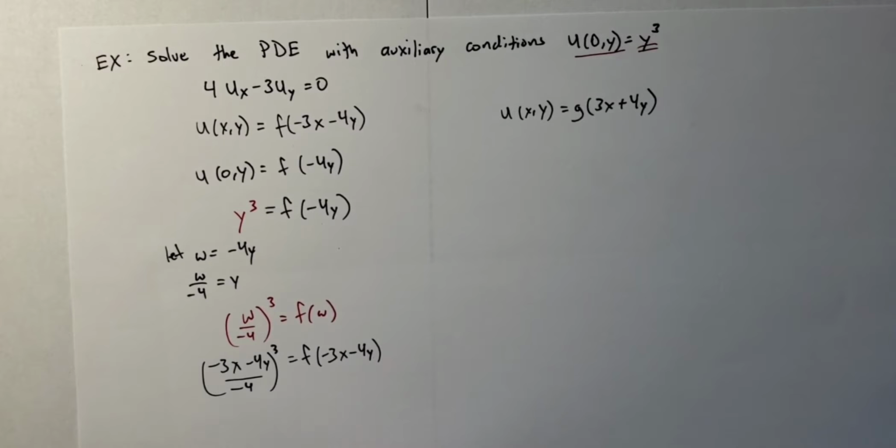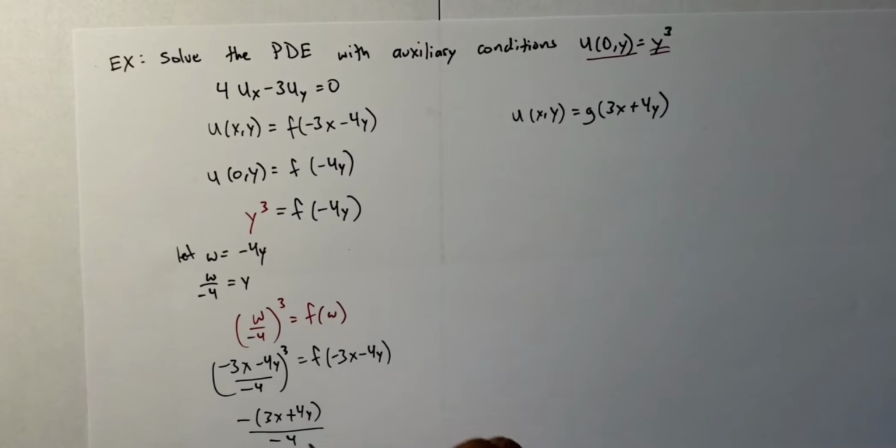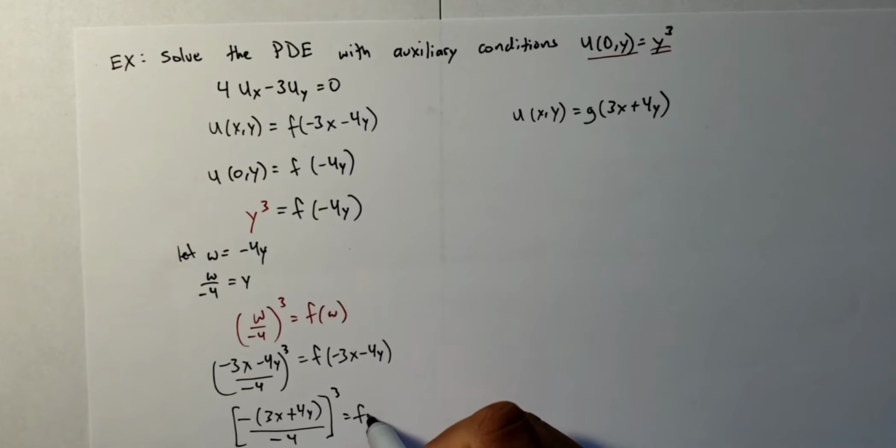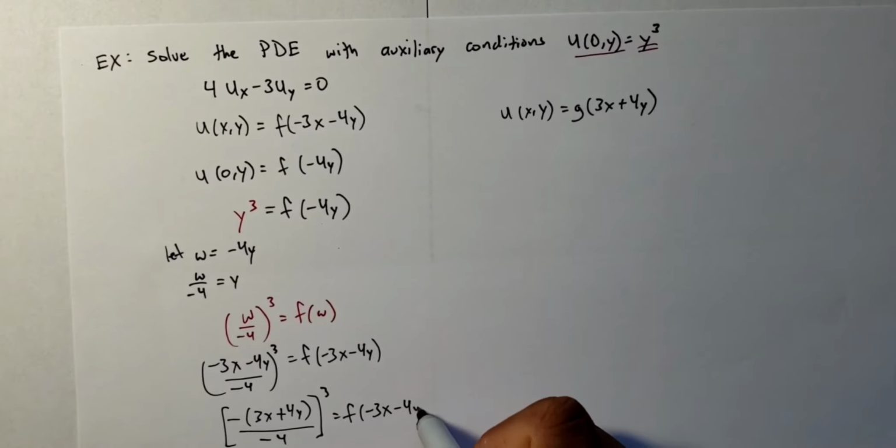We can factor out a negative from both terms, so that's going to be negative, 3x plus 4y, over negative 4, and that's all to the power of 3.